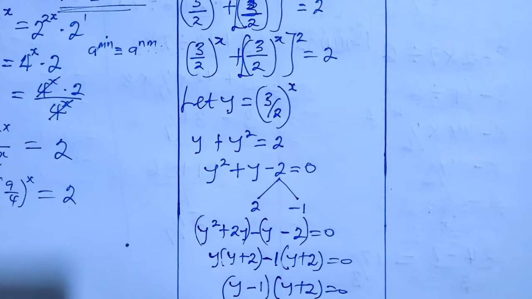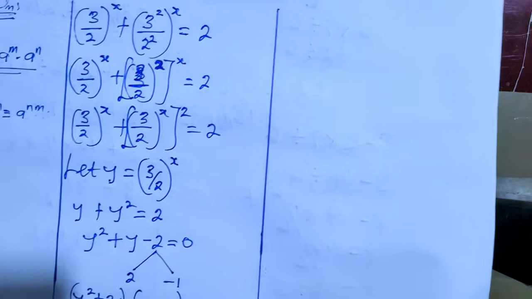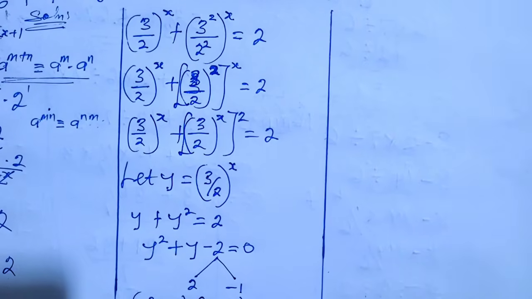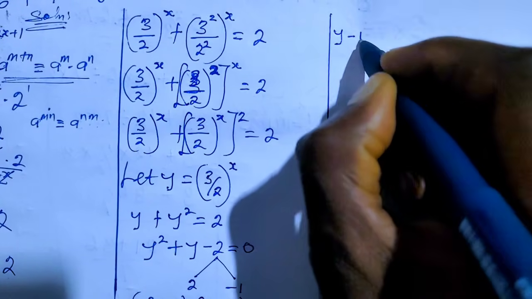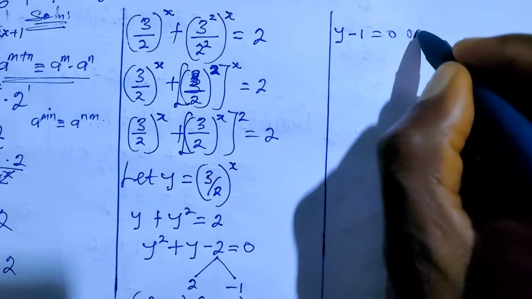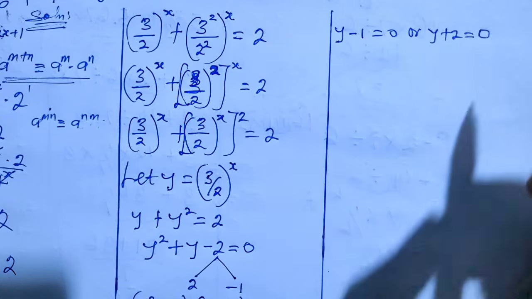Then it is either this equals 0 or this equals 0. Therefore, we have here that y minus 1 equals 0 or y plus 2 equals 0.